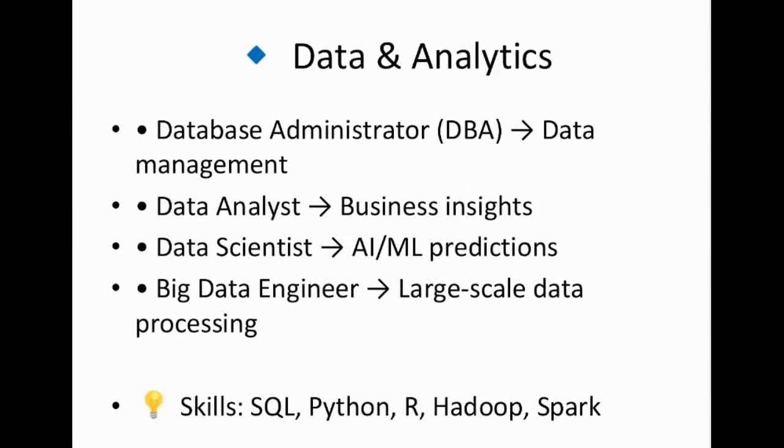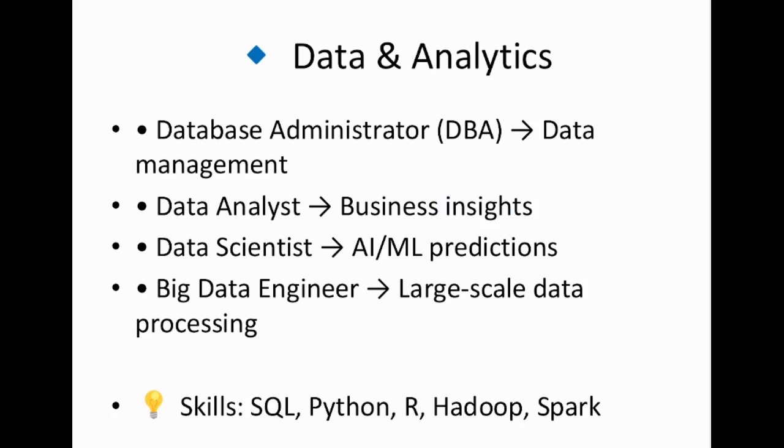The second IT role area you can see here is data and analytics. In the database administrator role, the main role is data management. Data analyst's main role is business insights. It's related to business insights.